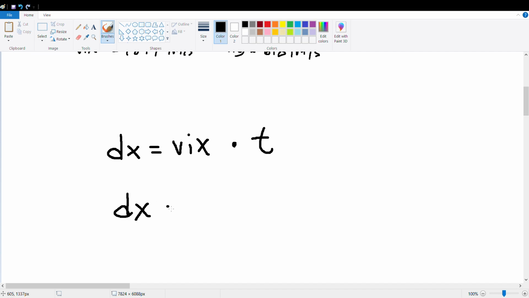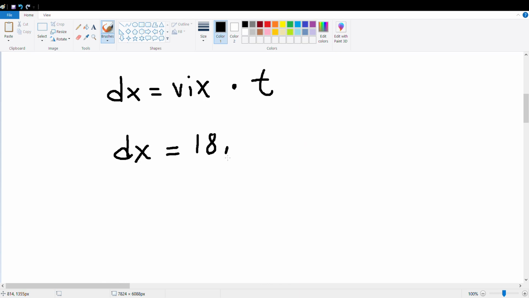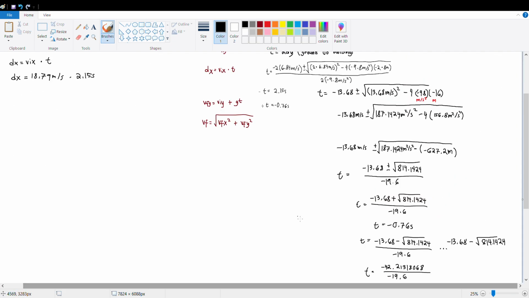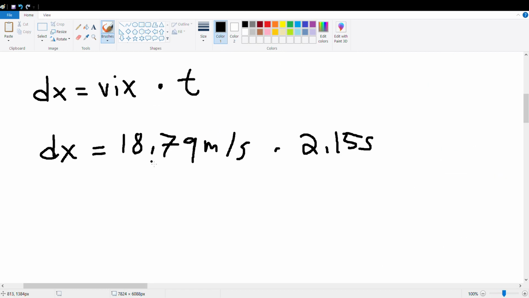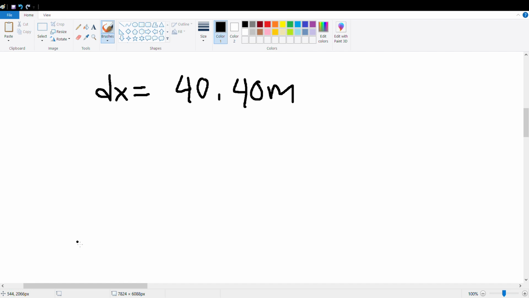So all we have to do is dx equals the 18.79 meters per second times 2.15 seconds, which should give us 40.40. So dx is 40.40 meters.